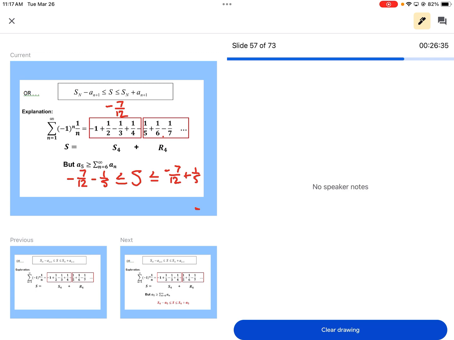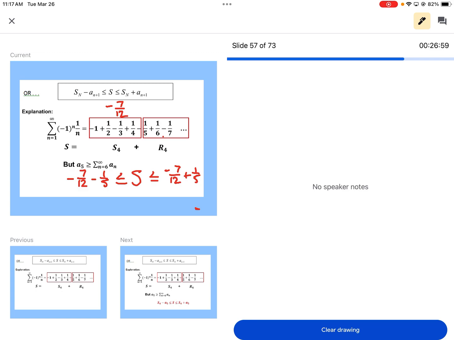Now, as you might imagine, the further out you go, what do you think is going to happen to the error? It's going to get less and less, right? Now, sometimes the error is already small enough, like this is within 0.2, right? Because that's 1/5, 0.2 on either side. Right.